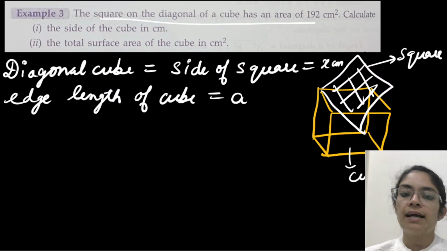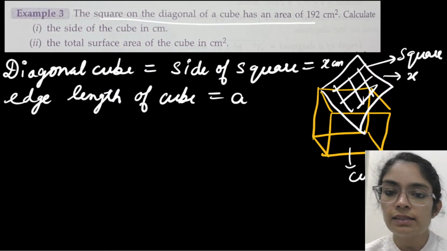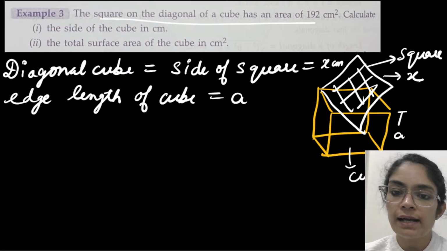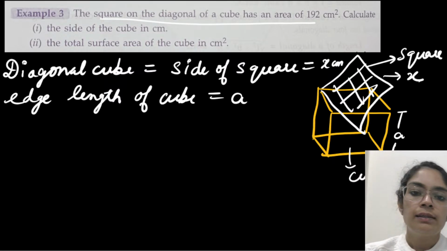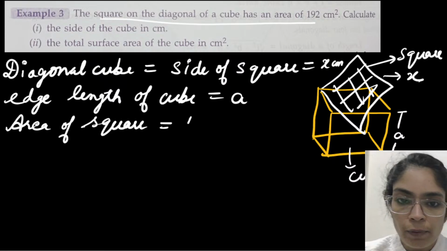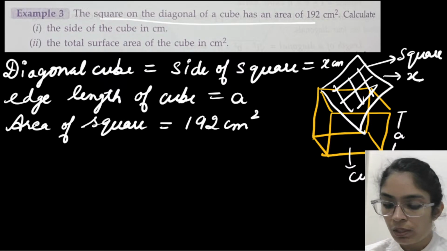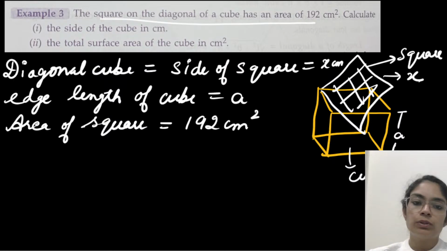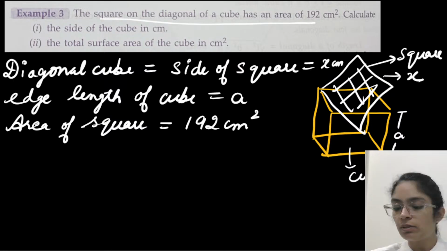Now the area of the square is given to us. Area of square is equal to 192 centimeter square. What is the formula of the area of a square? Because here we have to use the formula of the area of a square.